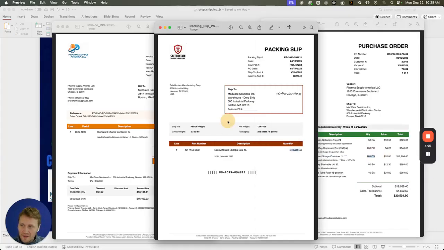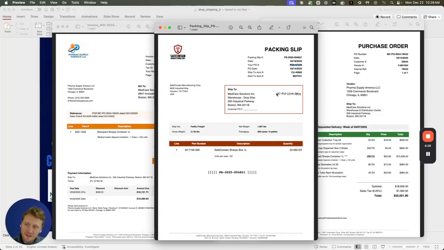An additional complication is that the packing slip contains several purchase order numbers, because it's based on the communication between supplier and manufacturer. So that particular purchase order number is actually not relevant for Medcare because it just happens between Safe Contain and Pharma Supply.